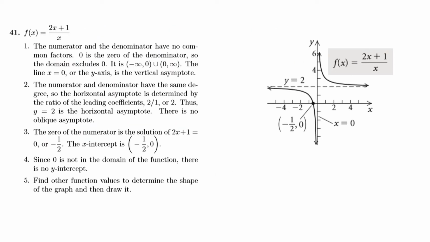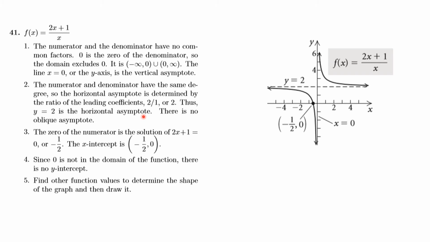Okay, so here's the graph of the function. The line x equals 0, or the y-axis, is the vertical asymptote. Thus, y equals 2 is the horizontal asymptote. If you look at the ratio of the leading coefficients, the numerator and denominator are of the same degree.